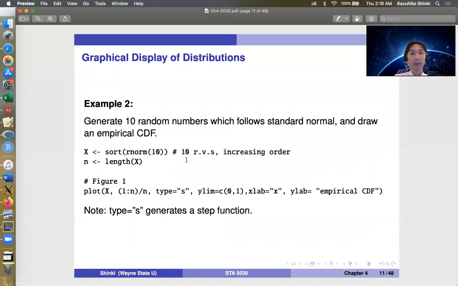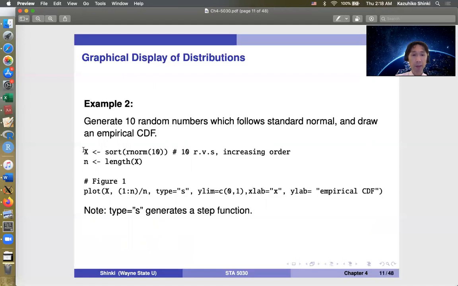Yeah, and this is another example. We generate 10 standard normal random numbers, and we count the length of x. Actually, n is 10. To make the empirical CDF plot, it starts with 0 for small x, then 1/10, 2/10, 3/10, 4/10, and finally 9/10 and 1.